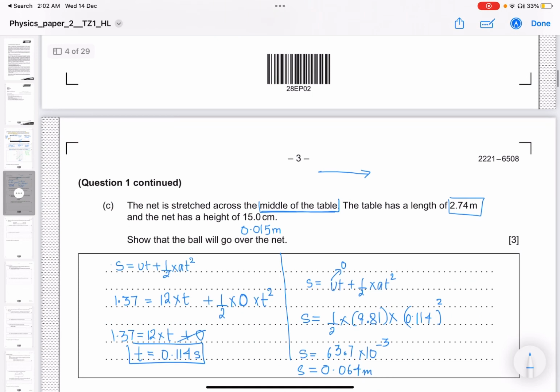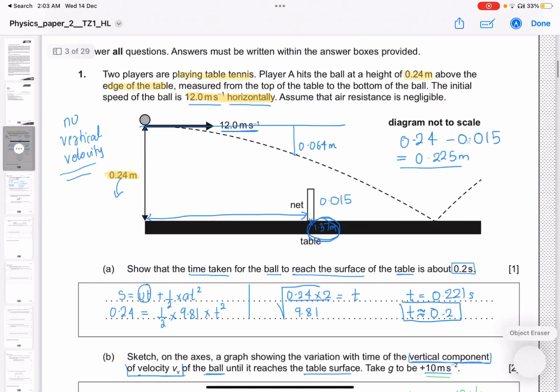Oh, my bad. This would be 15 upon 100, which would be 0.15 meters. So if I subtract 0.15 meters from 0.24, yeah, I'll get the answer as 0.09 meters.